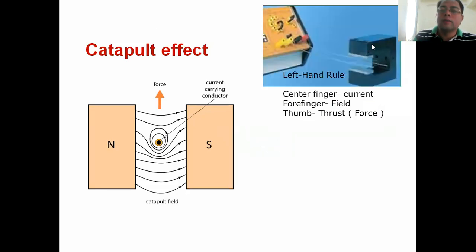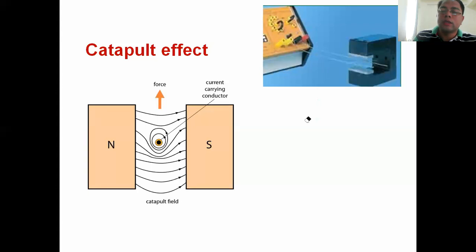So this is actually the magnet here. There's a wire that carries a current, and of course there's a magnetic field here, and therefore now you'll see the actual swinging of the metal once you activate it using a bar magnet.